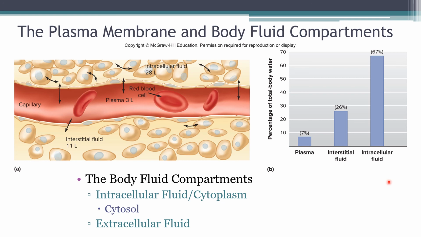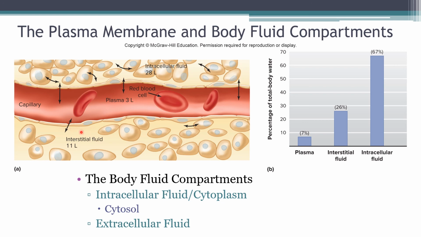So you have the blood plasma and the interstitial fluid, and they're separated by the wall of the capillary. It's called the capillary endothelium, that wall that separates them. Now, one of the things I want to emphasize is that the composition, the stuff that you're going to find in extracellular fluid and intracellular fluid, is really, really different.